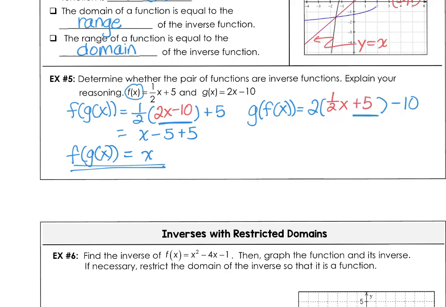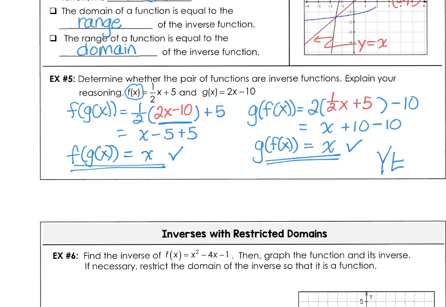So distributing the 2 to the half x gives us 1x, and distributing 2 times 5 is 10. x plus 10 minus 10 gives me x, so the g of f of x is also x. If one composition gives you x and the other composition gives you x, then we can definitely say yes, f and g are inverses of each other.